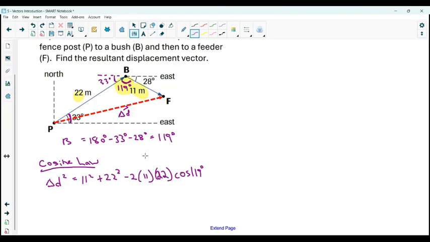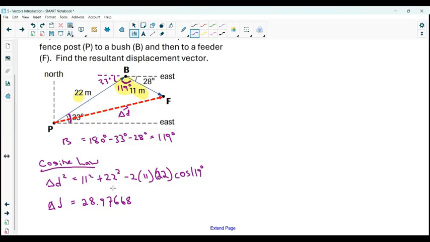And we know that the side we're trying to find and the angle that we're using are opposite one another. That's how cosine law will work. So I work all that out, I crunch my numbers. I'm not going to go through all the math for that because it's not hard math. We're going to save ourselves some time and go to 28.7668. That's how big that side is using cosine law.